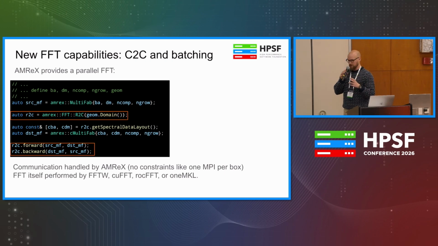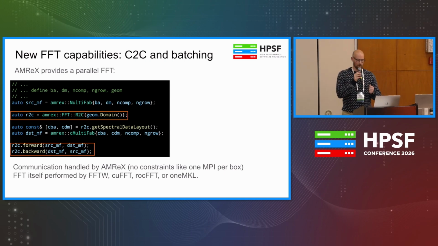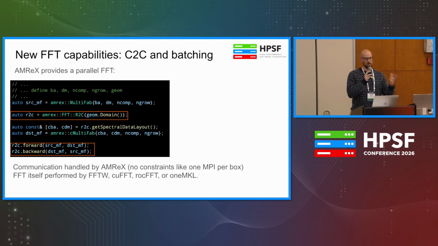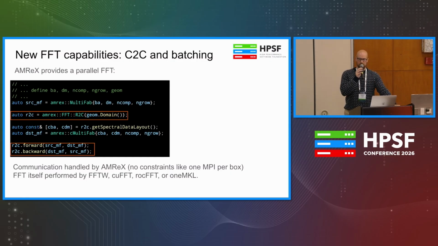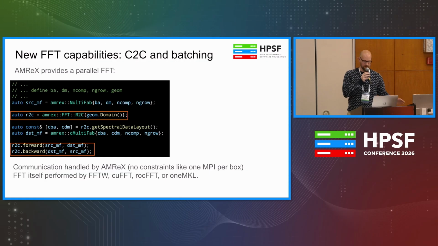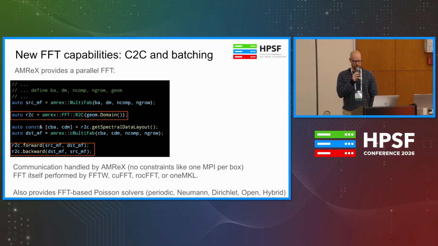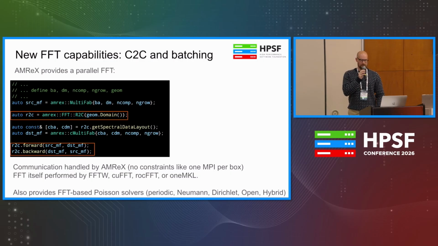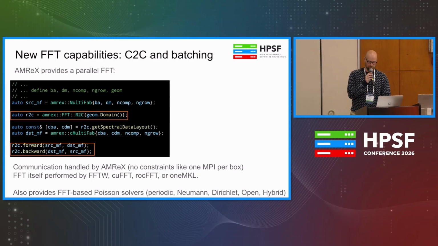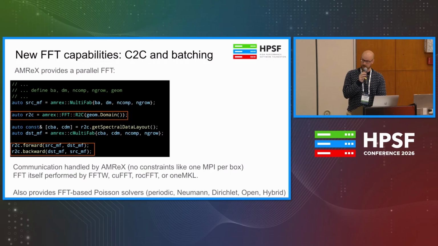When you need to do communication, we're using the AMReX parallel copy functionality to do that. So you don't have to be limited in the way you're doing your domain decomposition because you're doing FFTs. And we found that doing it that way is quite efficient. And there's also FFT-based Poisson solvers that support a number of different boundary condition types.